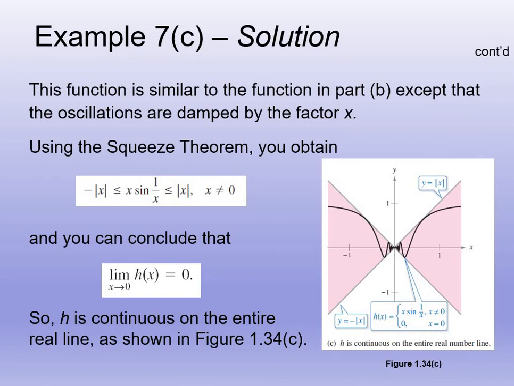Okay, so what we can do is conclude here that, remember, x sine of 1 over x is continuous everywhere except for 0. And then the other graph is continuous except at 0, right? We can conclude that h of x, which is our composite function, as x approaches 0, is also 0. So we can say that h is continuous on the entire real line here.